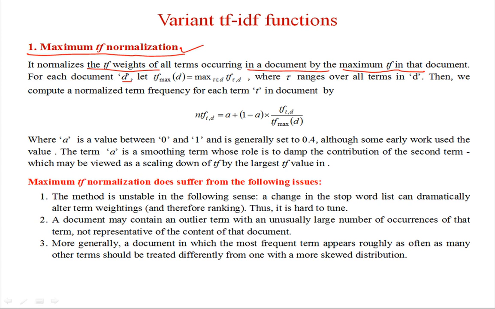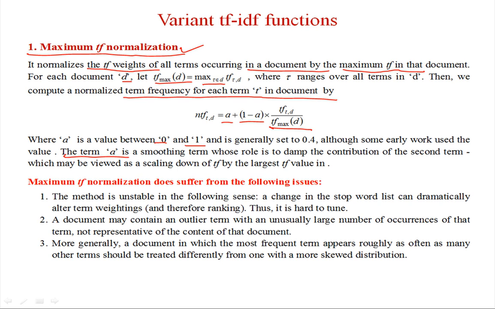For each document d, let the maximum term frequency be the maximum of TF(t,d), where t ranges over all the terms in the document. Then we compute the normalized term frequency for each term t in the document by a plus (1 minus a) times the term frequency of term t in the document divided by the maximum frequency of any term in the document. Actually, a is a value between 0 and 1 and is generally set to 0.4, although some early work used a different value.